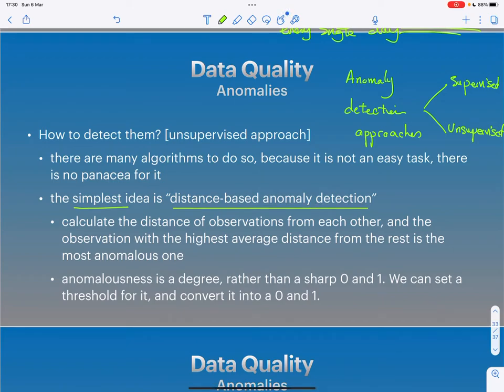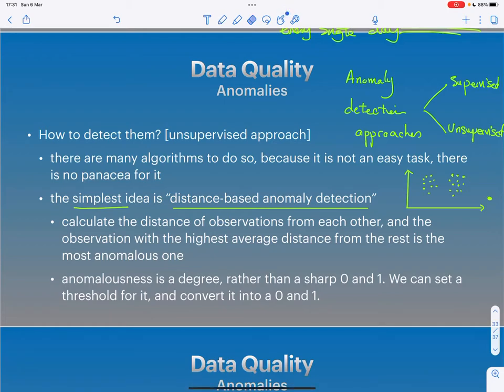Okay? It is about finding anomalies based on distance. If you recall, I showed you one example of this case, where we had a colony of cases, or maybe two of them, and one very different. The distance-based algorithm works like this. It calculates the average distance of every point to every other point.